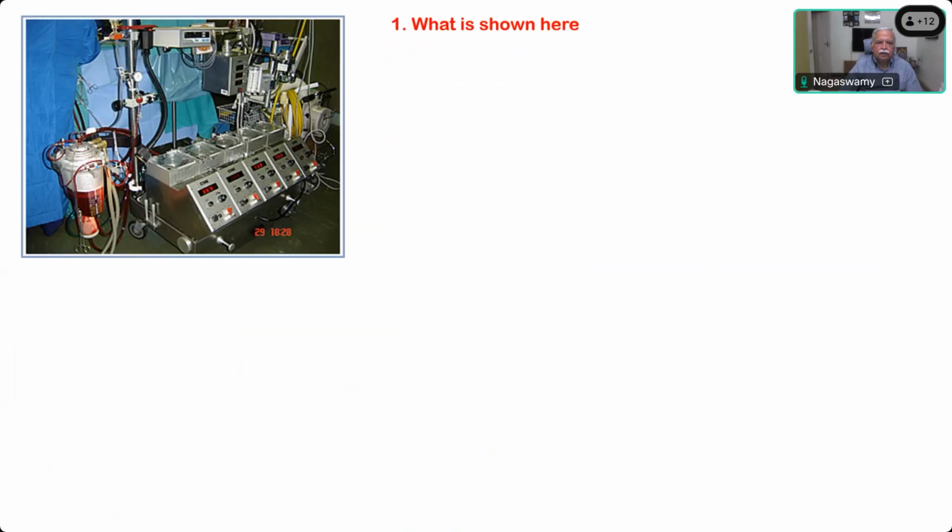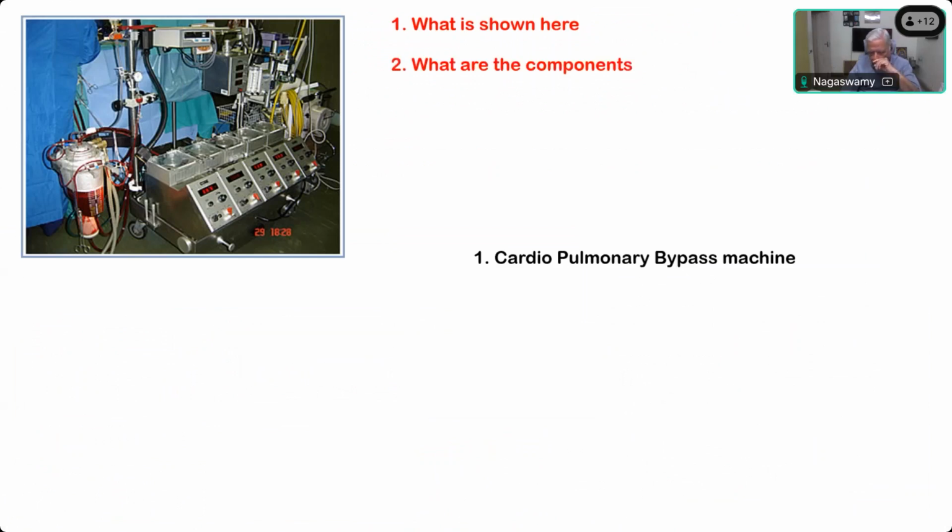What is shown here? Yes, it's a cardiopulmonary bypass machine. What are the components of this machine? Cannulae, oxygenator, humidifier.